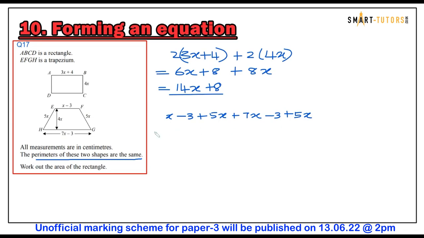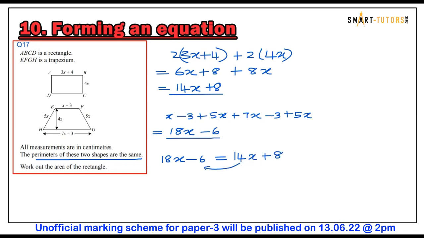And now if you add everything together, x plus 5x is 6x, 6x plus 7x is 13x, 13x plus 5x is 18x, minus 3 minus 3 is minus 6, right? And these are the perimeter's answer. So you are going to equate 18x minus 6 equals 14x plus 8, right?